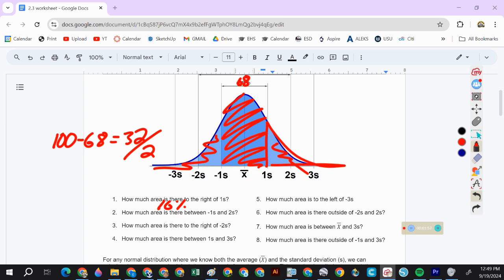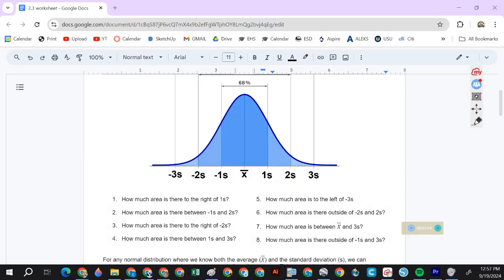Okay? So I'm going to pause the video. You guys work on problems 1 through 8. It is really, really important you understand how the standard normal curve works. You have to get this whole idea of z-scores and test statistics and all of this.